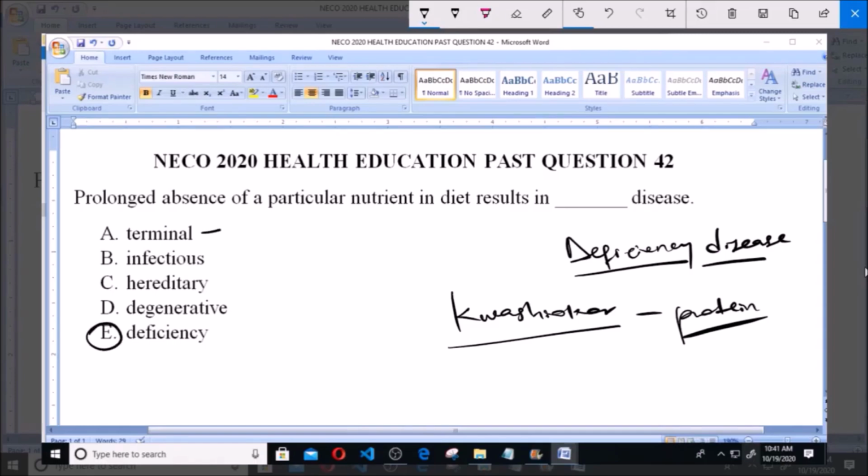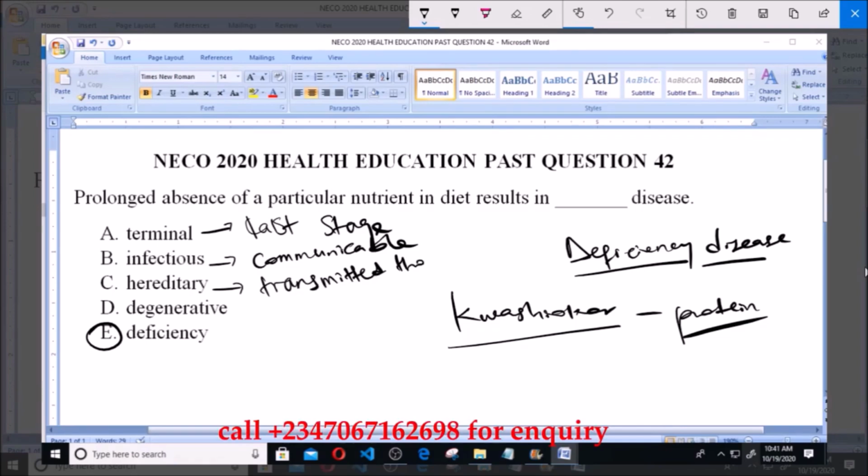Now, terminal disease simply refers to chronic disease that is at the later stage, or we call it the last stage of the disease. They are referred to as terminal disease when the disease has become chronic. Infectious diseases are diseases that can be transmitted from one person to another, so we say they are communicable diseases. Hereditary diseases are those that are gotten from our parents, that is, they are transmitted through genes, or genetic.